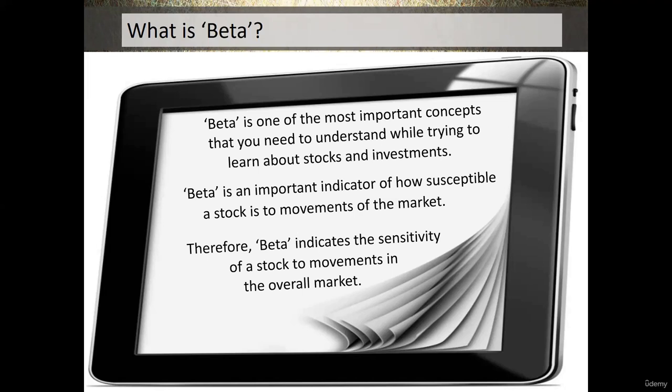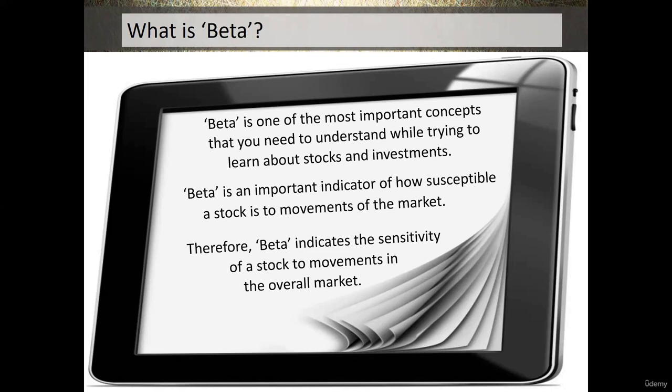Okay, so how do we define systematic and unsystematic risk? How do we identify what type of risk is called systematic risk and what type of risk is called unsystematic risk? All right. Now, let me give you an example.